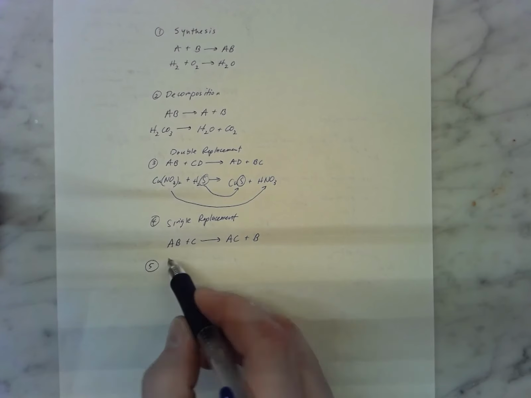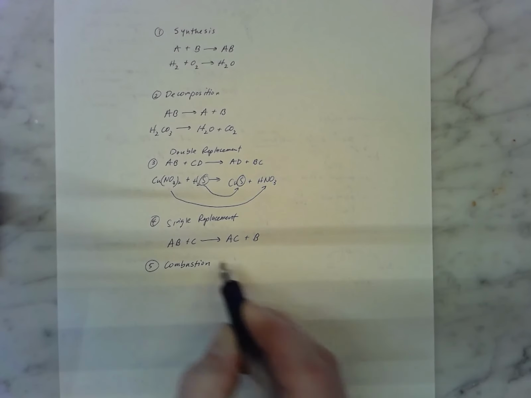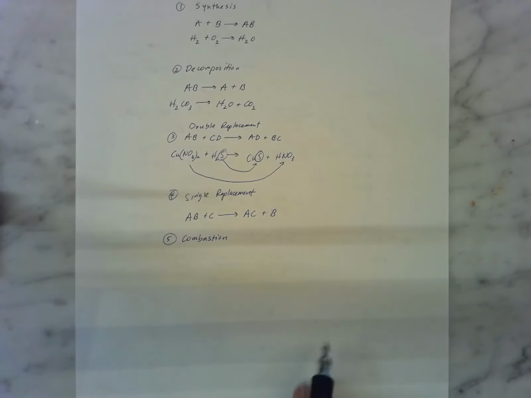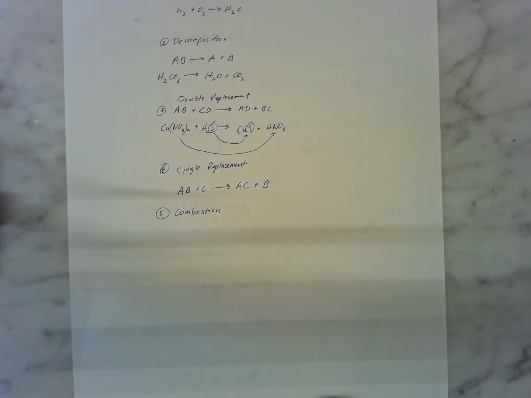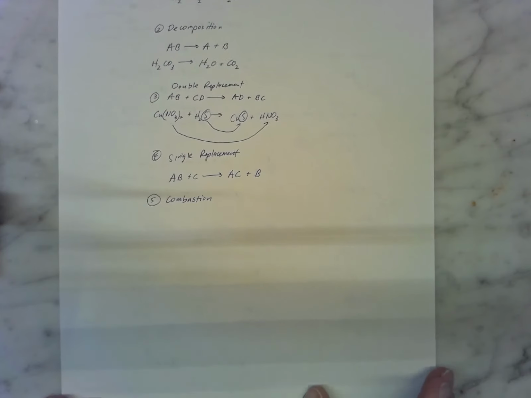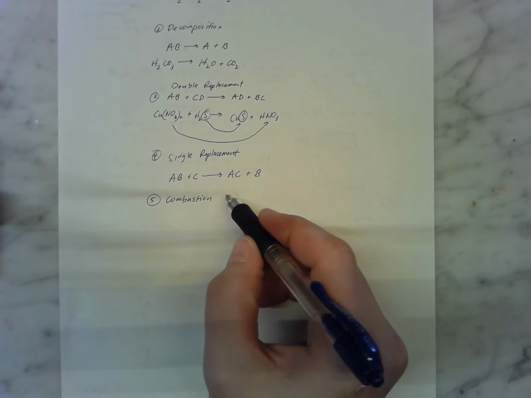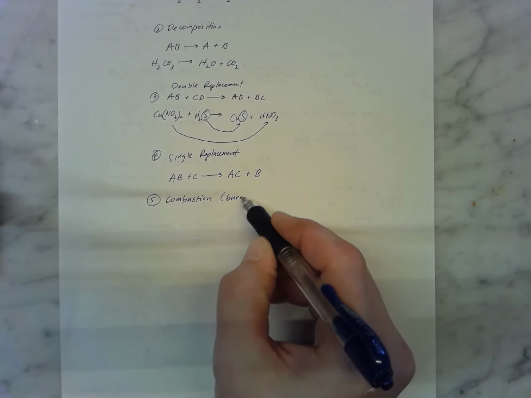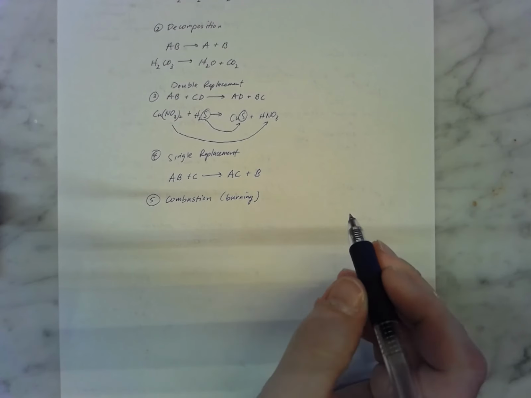All right, and then we have combustion. All right, and so we know about the internal combustion engine. All right, so combustion is basically burning, which is a special form of oxidation.